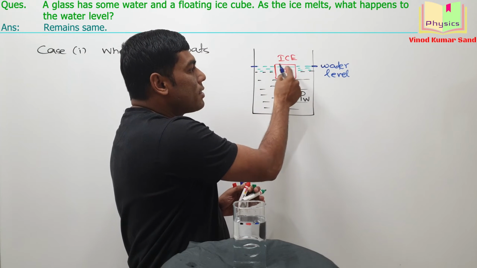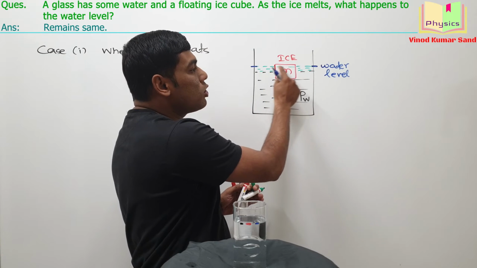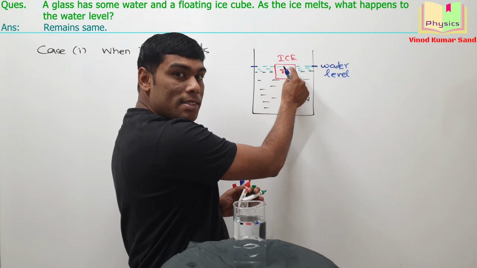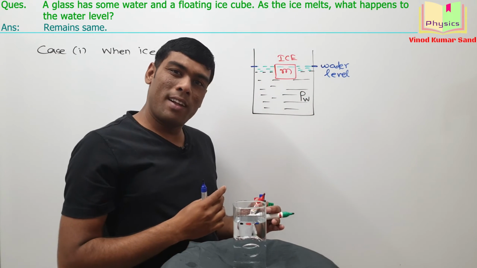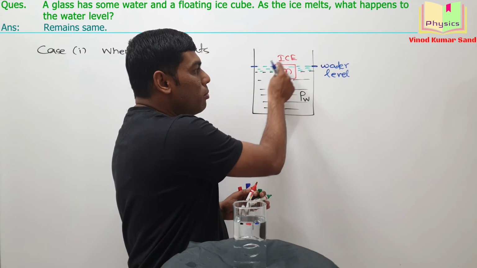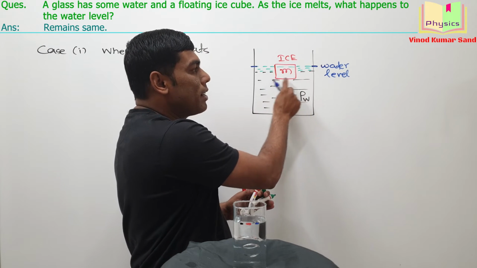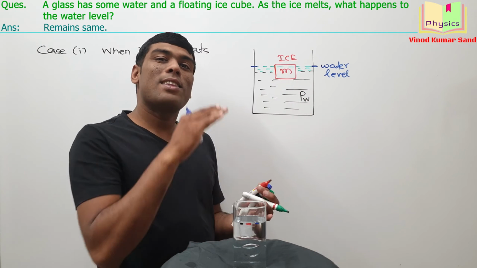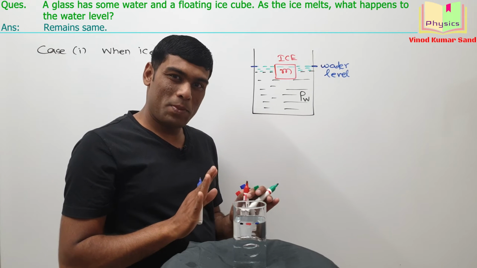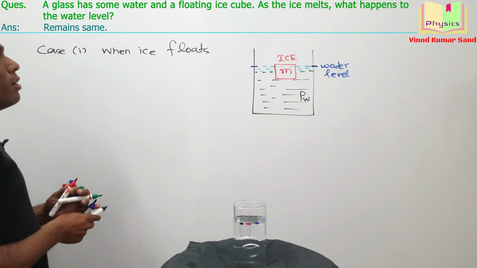If by melting ice, the volume of the water formed is more than the initial volume occupied by the ice inside the water, then the water level will rise. And if the volume of the water formed is less than this initial volume occupied inside the water, then the water level will decrease. Got the concept? So let's start the calculation.